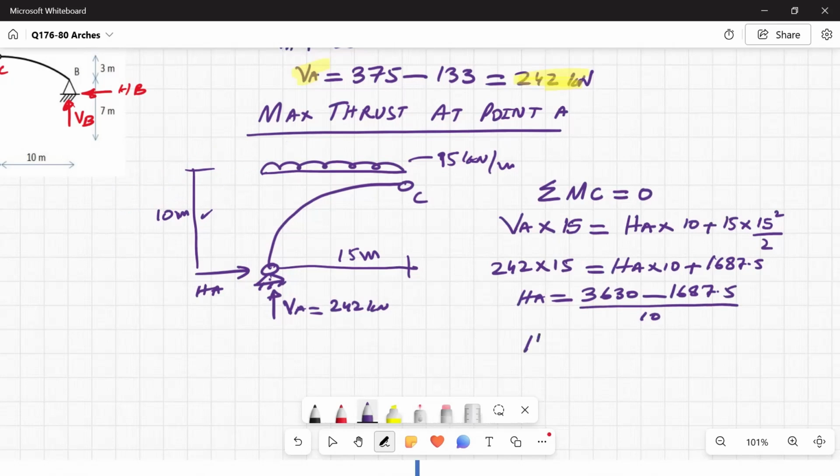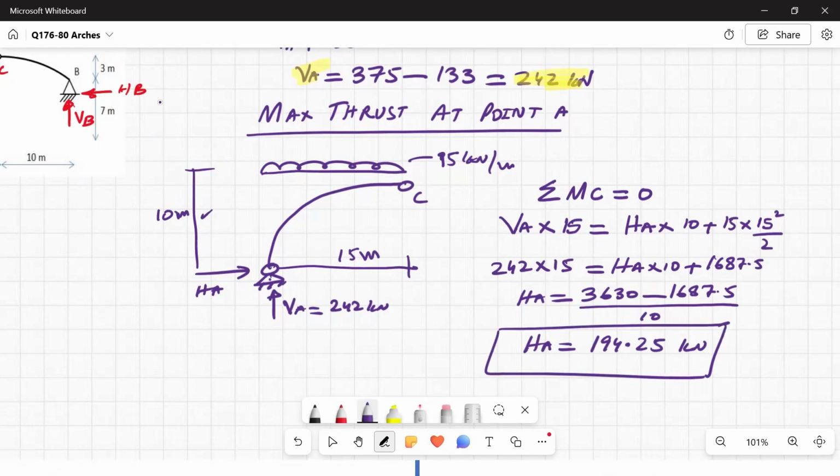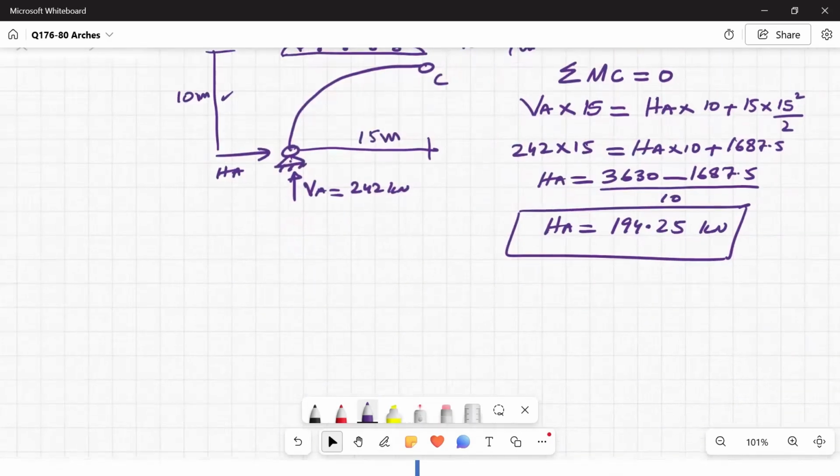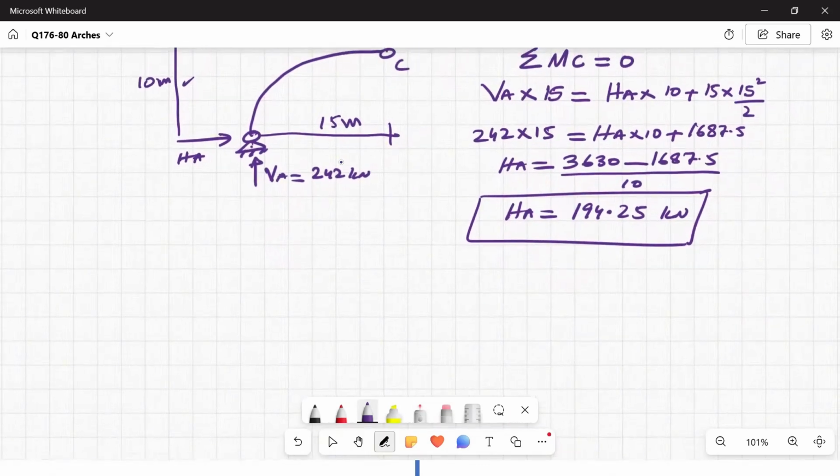So from here HA is equal to 194.25 kilonewton.